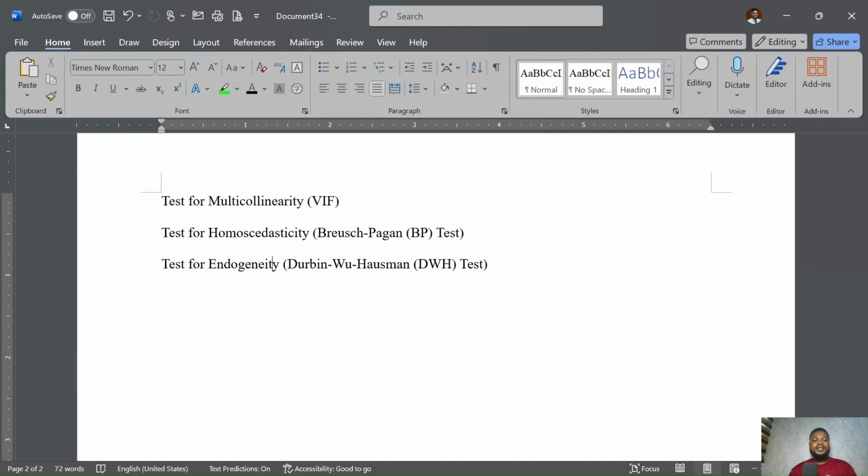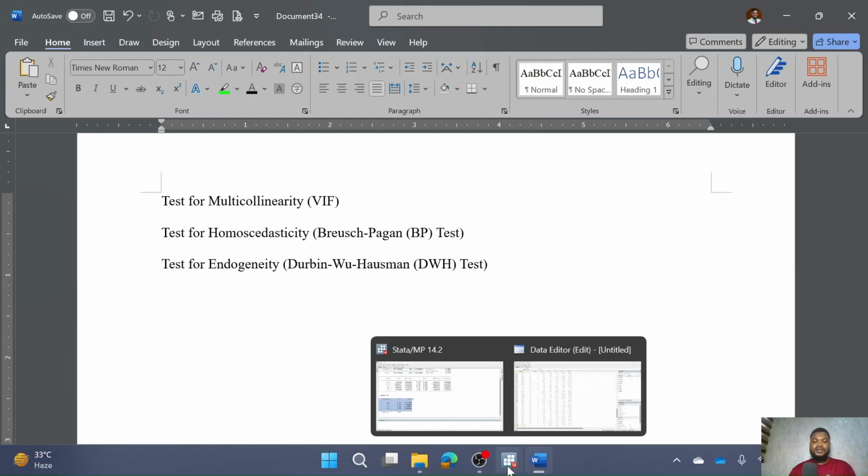That is, the errors are evenly distributed. There are a number of techniques that can help you test for the homoscedasticity assumption. One of them is the Breusch-Pagan test. And so we are going to use the Breusch-Pagan test in STATA to test if the variances in our errors are constant or not. So we head over to STATA.